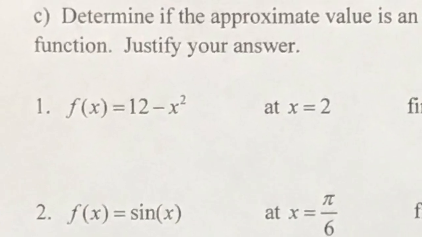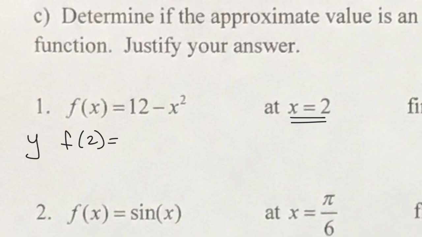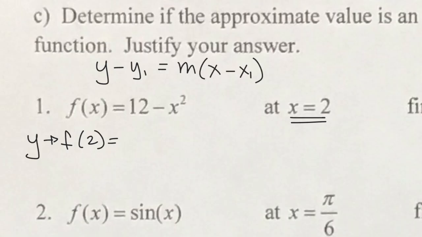So we need to figure out what is the y value when x equals 2. So what is f of 2, right? This is our y value, right? So we're using the equation y minus y1 equals m times x minus x1, okay? Or, you know what, I was at a calculus training and they all wrote theirs with plus y1 here.